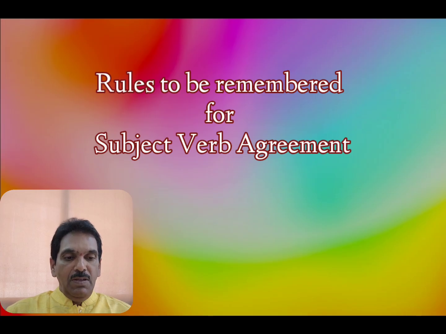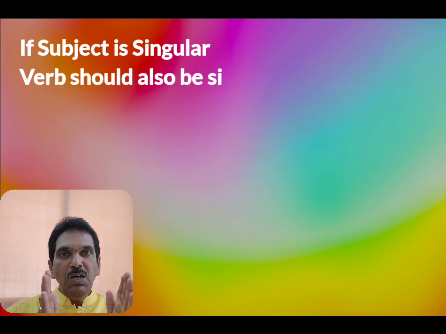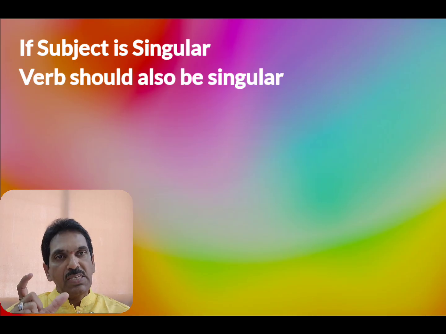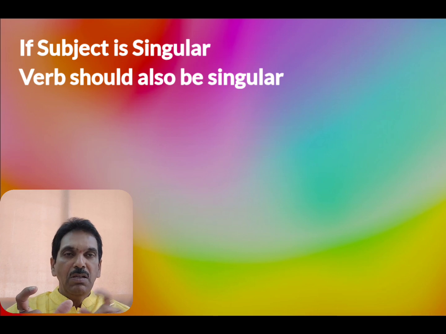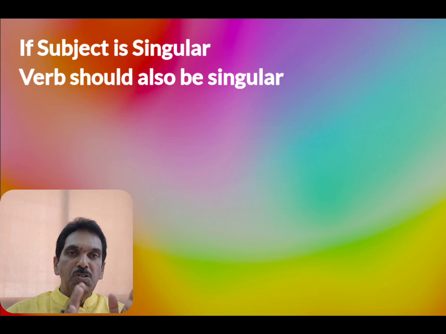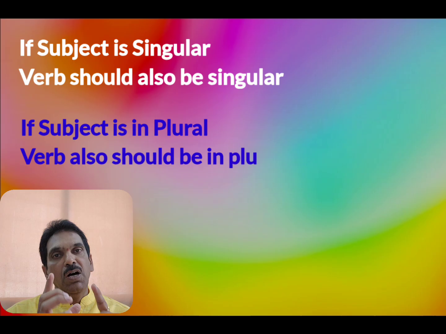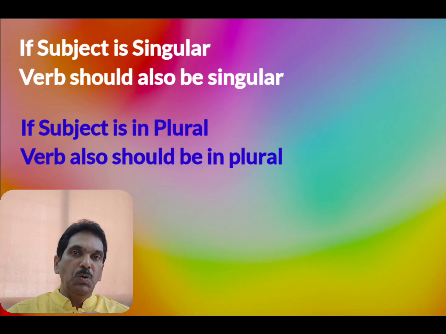Rule number 1, and most important of all, is observe the singular or plural nature of the subject. If the subject is singular, the verb should also be in singular. And if the subject is in plural, the verb also should be in plural.